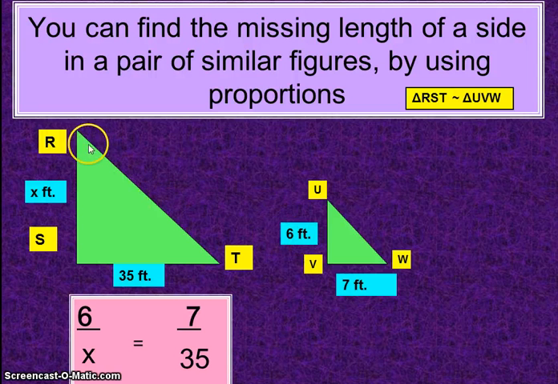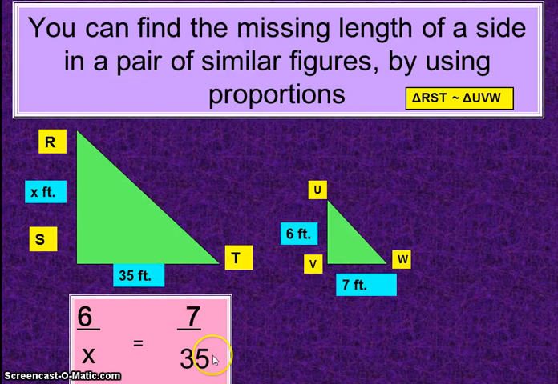So I can't mix and match. I can't say line RS is similar to VW. That's not how the triangles are set up in this example. So 6 over x, I've lined those two up. Now my VW line, which is 7, would be similar to my TS line, which is 35. So I would have to say 7 over 35.